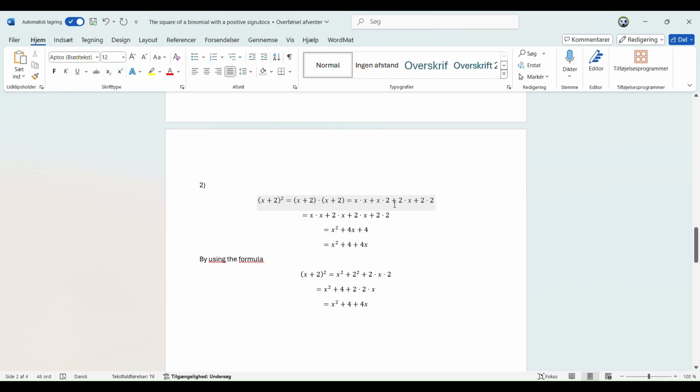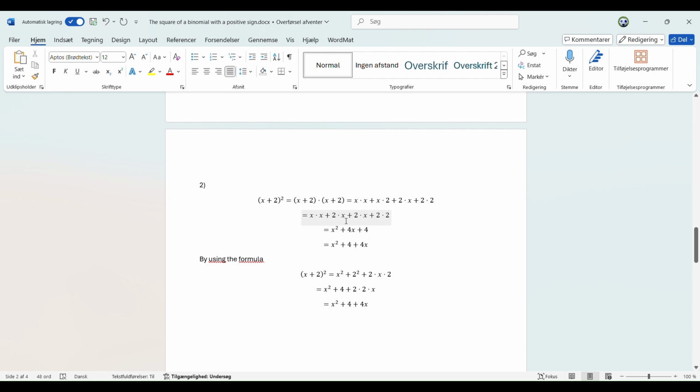Normally we would like to have the numbers first and the letters afterwards, so we rearrange these factors once again, like we did with a and b and s and t. So we have x times x plus 2 times x instead of x times 2. X times x is x squared.